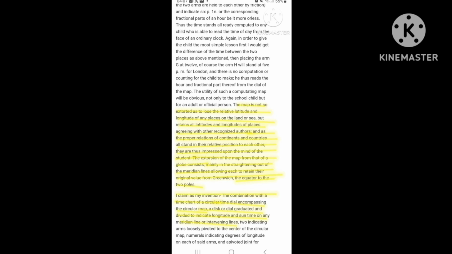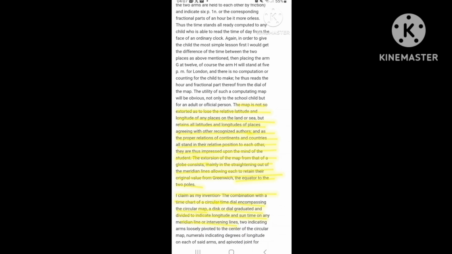Globe. It says the map is not so distorted as to lose the relative latitude and longitude of any place on the land or the sea, but retains all latitudes and longitudes of places agreeing with all other authors, and as the proper relations of countries and continents all stand in the relative positions to each other, they thus are impressed upon the minds of the students.